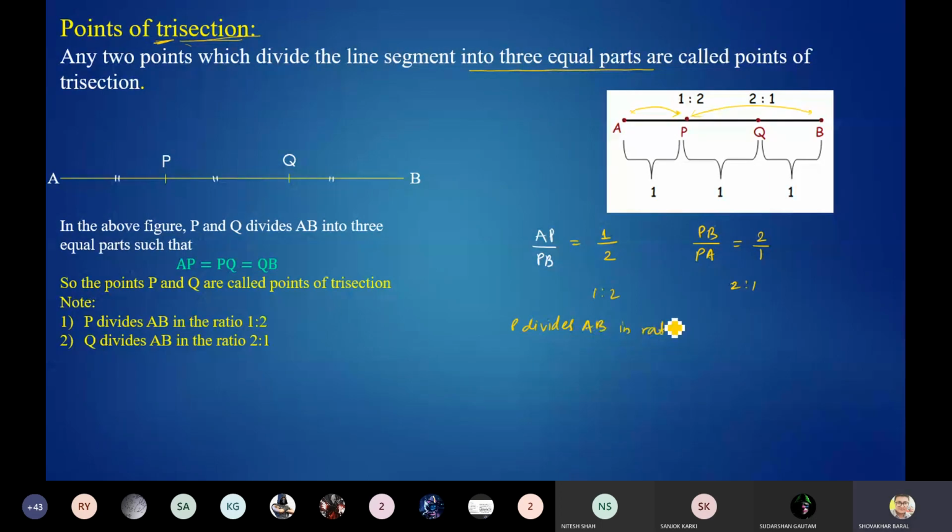You don't need to write it, just understand: P divides AB in the ratio 1:2 and P divides BA in the ratio 2:1. If the order is reversed, the ratio is also reversed. Keep this in mind. Okay, so let me continue.